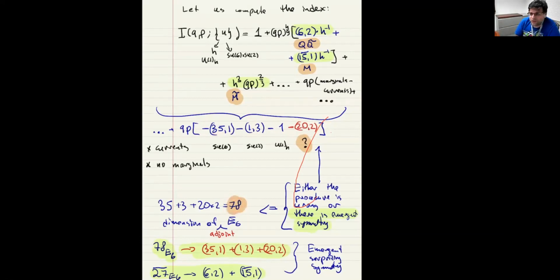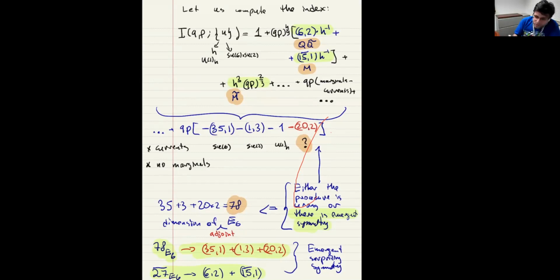Now, if you know your group theory very well, 78 is the dimension of the adjoint representation of a group which is called E6, one of the exceptional groups. Now, it's not just that when we sum up these operators we get 78, which is the adjoint of E6. The group E6 has a maximal subgroup, which is SU6 times SU2.